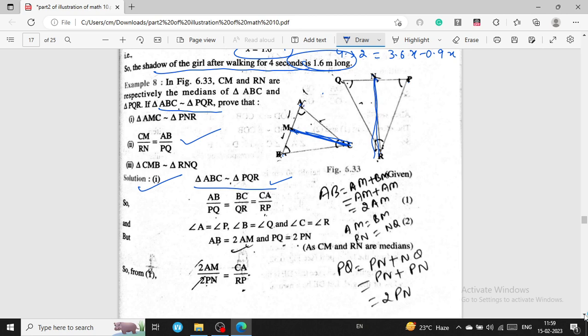So AB over PQ is equal to BC over QR, equal to CA over PR. Angle A is equal to angle P, angle B is equal to angle Q, angle C is equal to angle R.